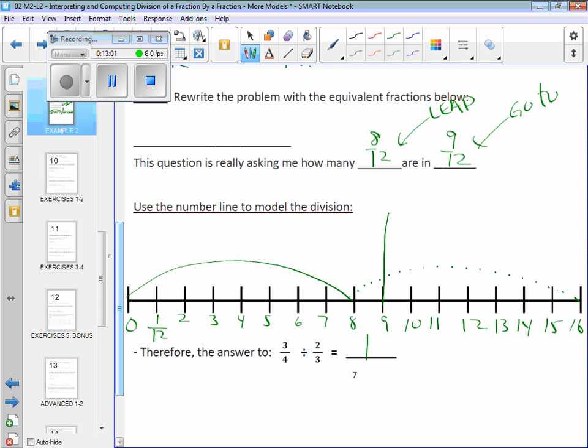Okay, let's see. How many lines are there between 8 and 16? Count them. There's 8. I now know that it's going to be 1 and something eighths.